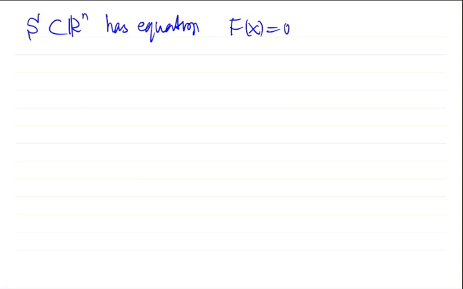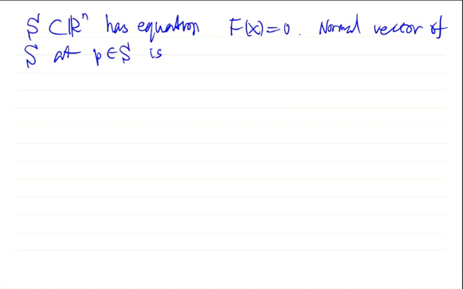That is, S is the zero set of a smooth function capital F. Then we know that the normal vector of S at a point P in S is precisely the gradient of capital F at the point P. This problem is solved in this way.